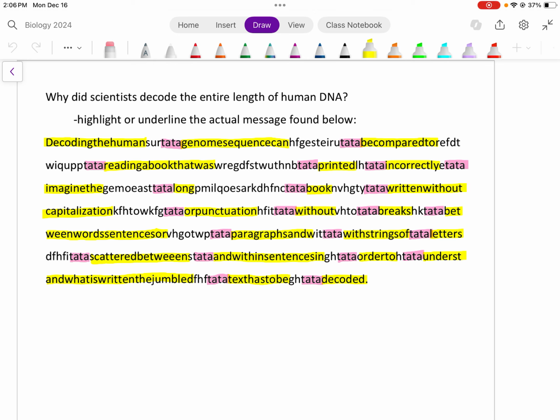It's called the promoter region. What scientists have learned is that every protein in every single organism starts with a promoter region, and that promoter region is a series of T's and A's. This one has just TATA. Sometimes it's more than that, sometimes it's multiple T's and multiple A's. But scientists really don't understand that yet.